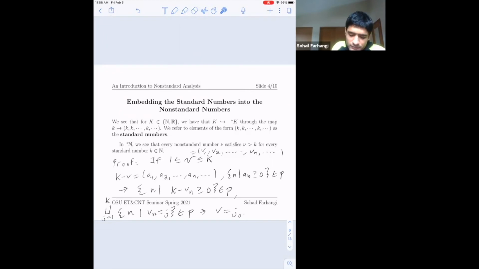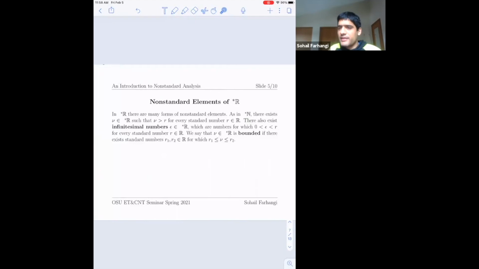So yeah, this is a little weird, that any non-standard number is going to be infinite if you're in the naturals. But in the real numbers, that is not the case. So, of course, you can still get non-standard real numbers that are bigger than every standard real number.